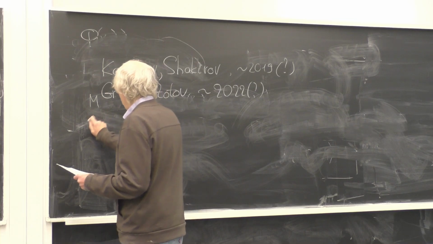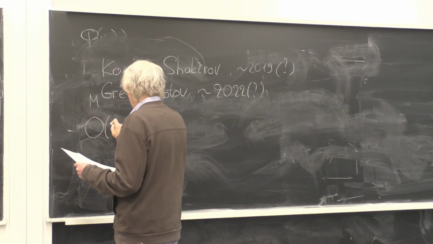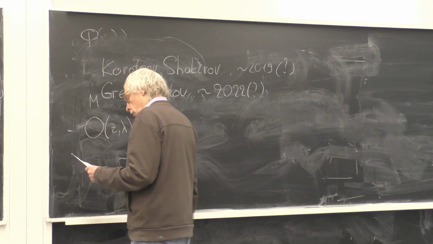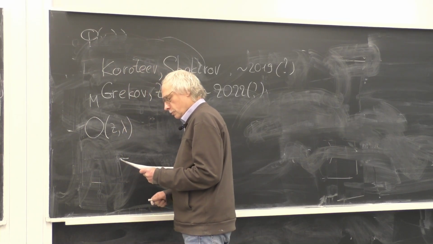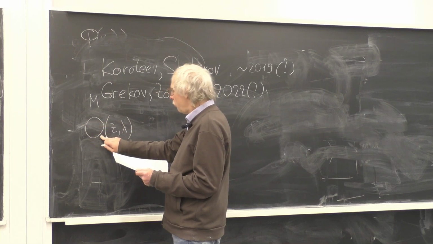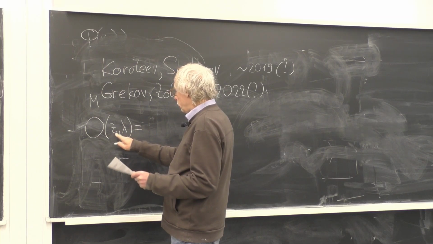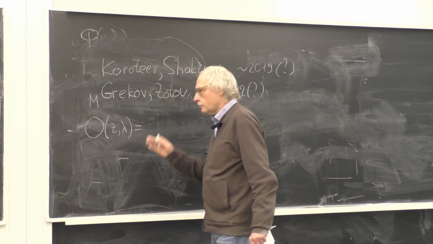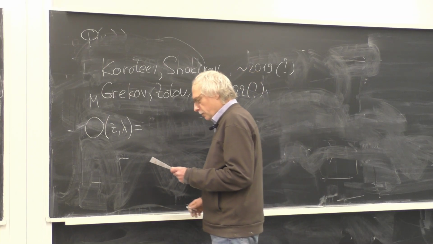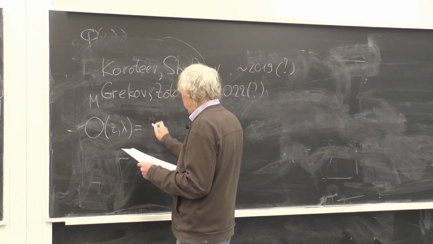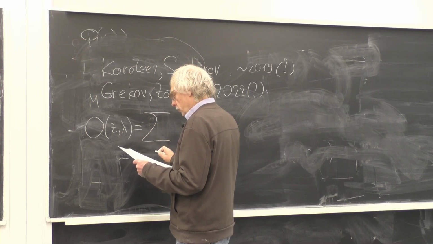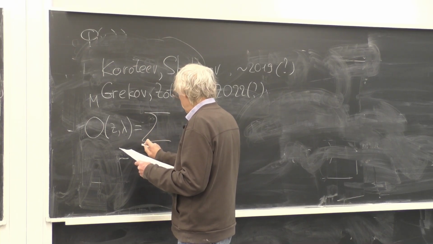Consider such a function, which is called O, capital O. It depends on two parameters, Z and lambda, like what we had in the Ruijsenaars-Schneider model. And it is given by the following series.